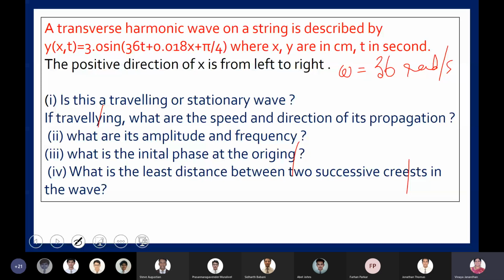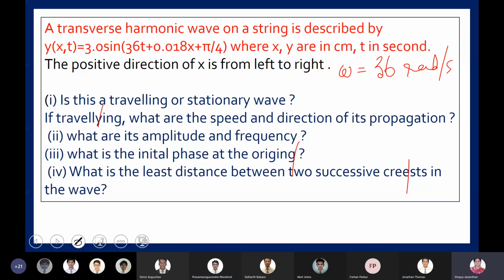But what about wavelength? Is that in centimeters? Now, how will you calculate wavelength here? With the value of k. Okay, k is equal to 2 pi by lambda.